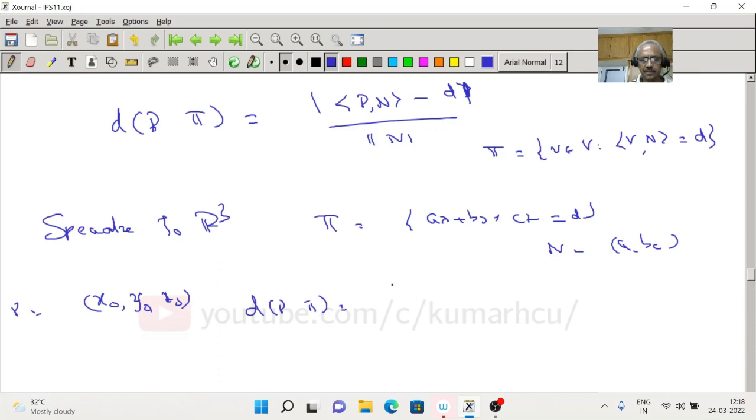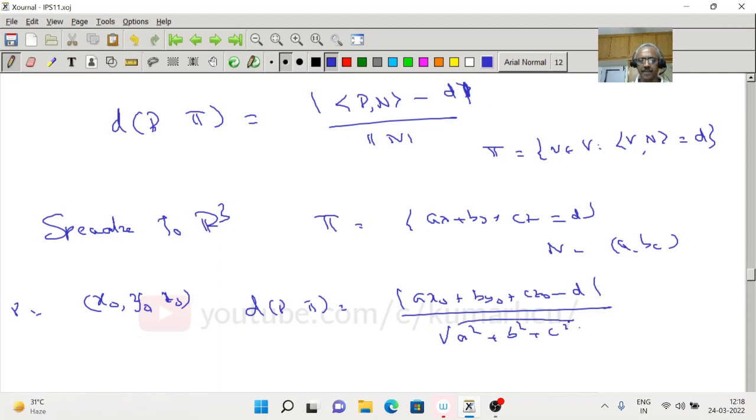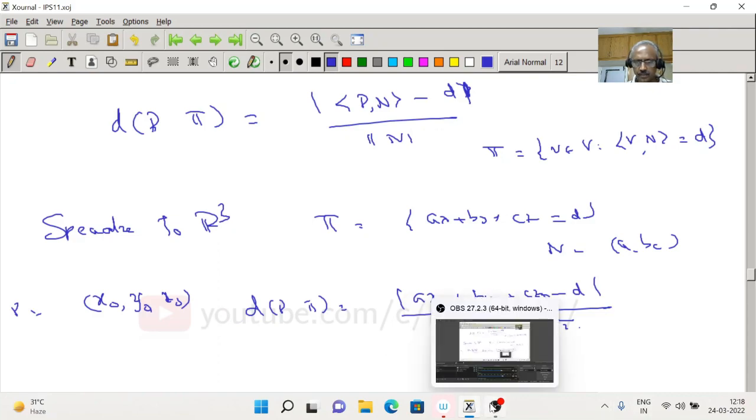Take (x0, y0, z0) inner product with n, therefore the modulus of a x0 plus b y0 plus c z0 minus d, by the square root of a squared plus b squared plus c squared. I'm sure you have seen this formula in three-dimensional coordinate geometry.